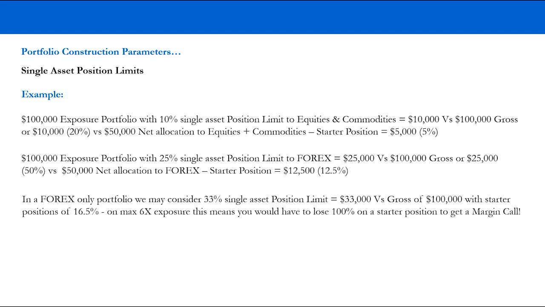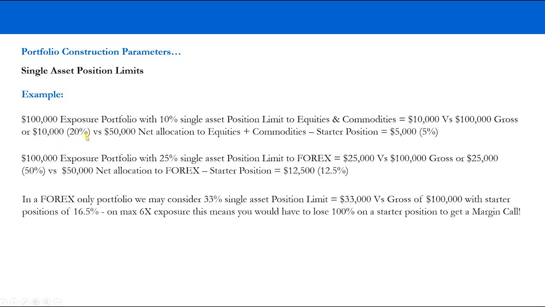So, for example, in step 1, we had the $100,000 exposure portfolio, and that was split equally, $50,000 or 50% to an equities and commodities portion in the portfolio and a forex portion. In the equities and commodities portion, if we put a 10% single asset position limit on any one stock, so equity or commodity, we would basically have a $10,000 limit whilst we had gross exposure of $100,000.